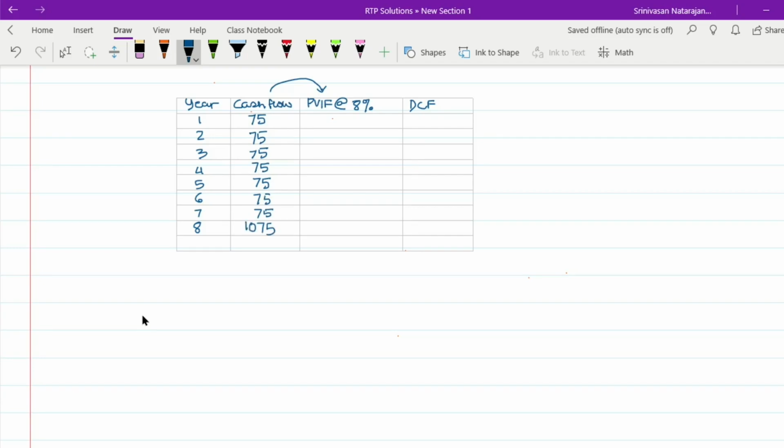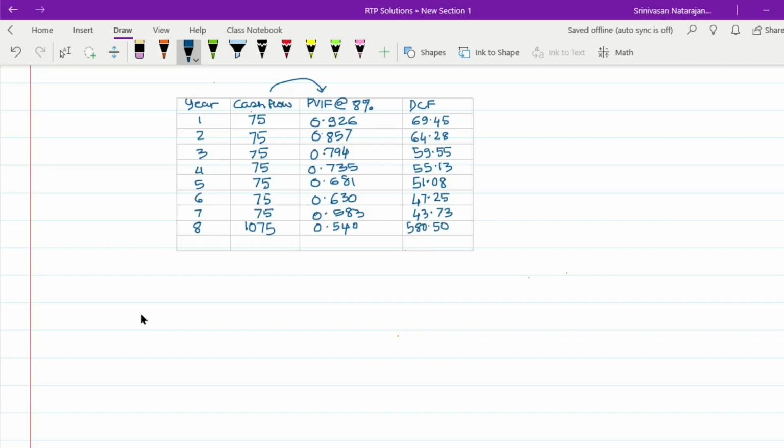Now, PVIF at 8%, you can very well find it out on the calculator. So let me just fill the present value factor at 8%. So these are the PVIF at 8%. Now let us multiply the cash flow with the PVIF to get the discounted cash flow. So now we have filled in the discounted cash flow, and we know that the sum total of the discounted cash flow will give us the price of the bond.